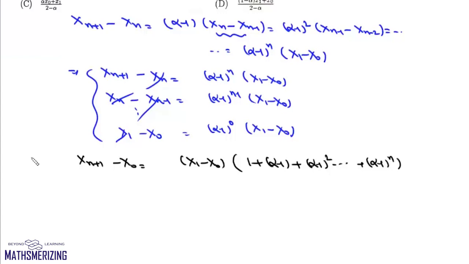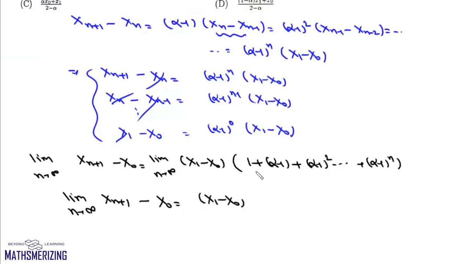Now what we'll do is we'll take this limit n tends to infinity. So it will be the limit n tends to infinity of xn plus 1 minus x0, and here will be x1 minus x0, and then this series which is nothing but an infinite GP whose sum is a upon 1 minus r, which is 1 minus alpha minus 1. So it will be x1 minus x0 upon 2 minus alpha.